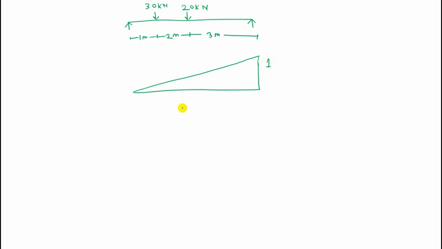The value is 1. This is ILD for RB. So you have to calculate this vertical line and this vertical line. So this is below 20 kilonewton and this is below 30 kilonewton. So suppose this is Y3 and Y4.